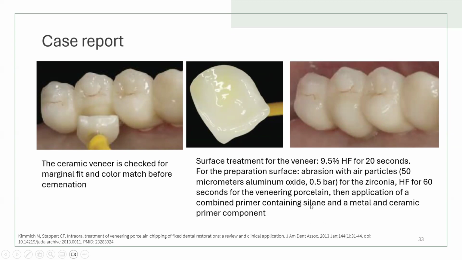And then they applied the primer, silane coupling agent, and metal and ceramic primer, and then conventional resin cements to bond the new veneer to the old restoration. And here is the final result.